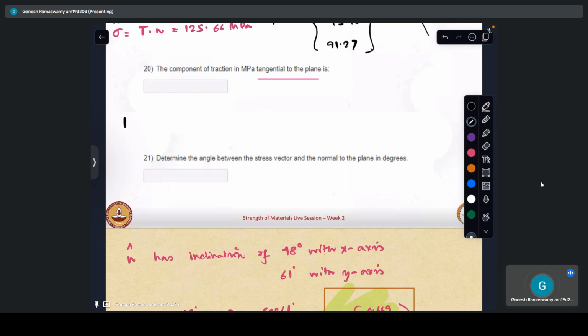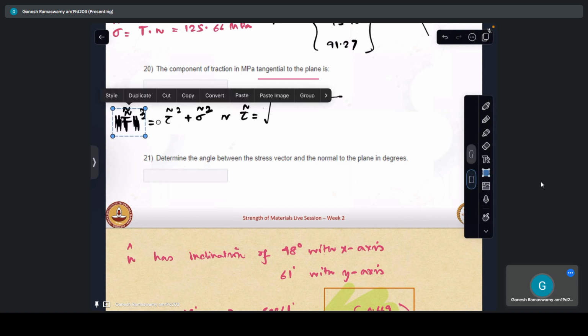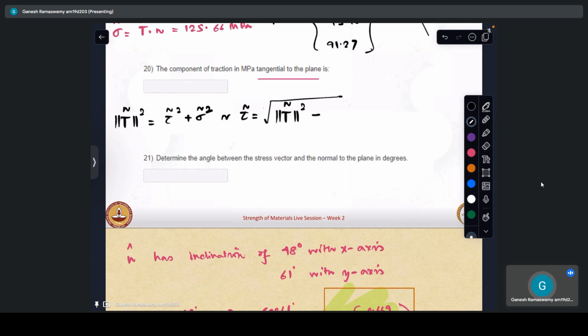We know that Tn, the magnitude square, is nothing but tau n squared plus sigma n squared, or tau n is nothing but root over this minus this.